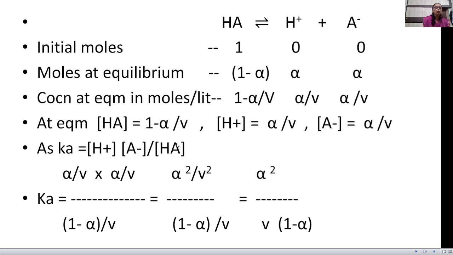Then upon molar concentration of HA means here 1 minus alpha upon phi, and equal to alpha upon phi into alpha upon phi, that is alpha square upon phi square divided by 1 minus alpha upon phi. This phi and 1 of this phi is cancelled and there is alpha square upon phi into 1 minus alpha. Remember, Ka equal to alpha square upon phi into 1 minus alpha.